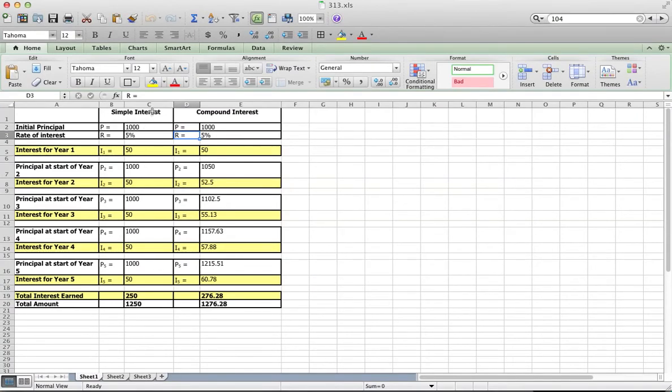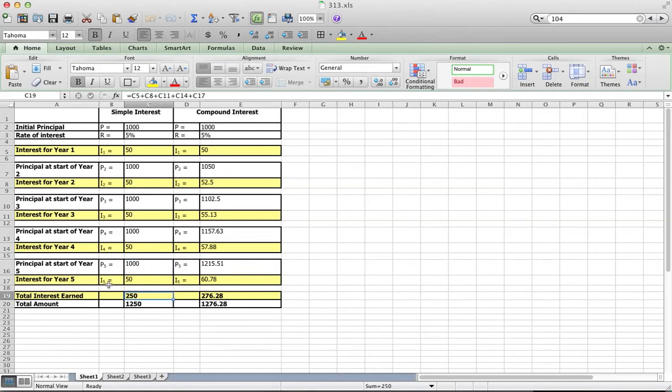So with simple interest, if I initially put in $1,000 at a 5% rate, my interest for the first year is $50. For year 2, I still go back to the $1,000, my original principal, and my interest will still be $50. It'll be that way all the way down.